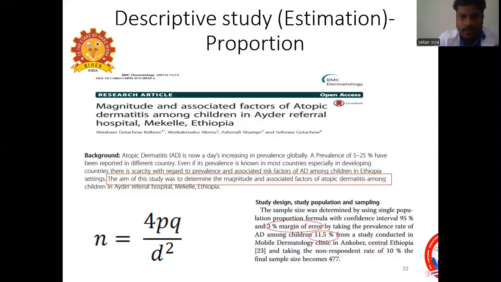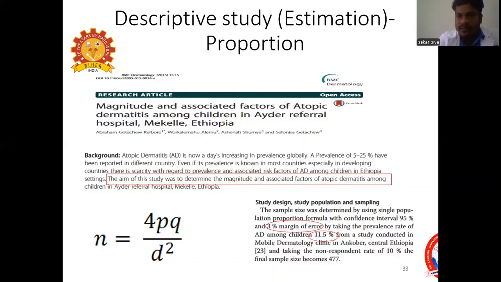The main aim of the study was to determine the magnitude of atopic dermatitis and its associated factors among children there. The sample size formula used is n equals 4PQ by d square. Why did we use 4? The Z square value for a 95% confidence interval is 1.96, and squared it is almost 3.849, so they are taking it as 4.